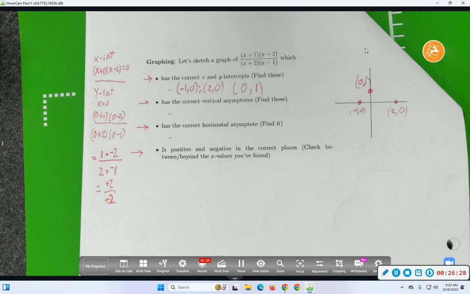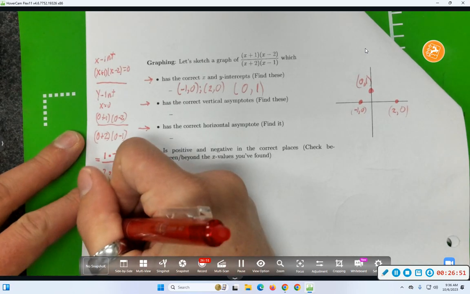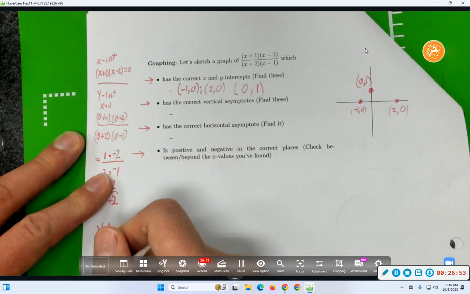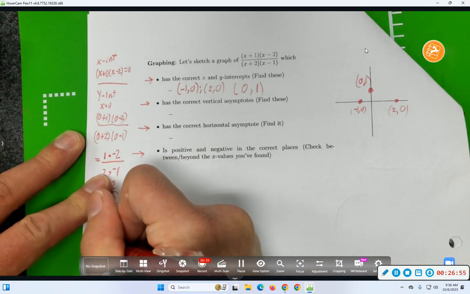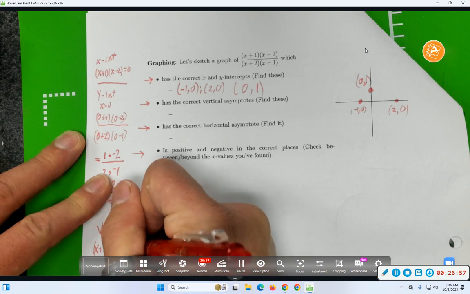So the vertical asymptotes happen when you divide by 0. So how do you check for that? Set the bottom equal to 0. To find the vertical asymptotes, set the bottom equal to 0: (x plus 2)(x minus 1) equals 0.